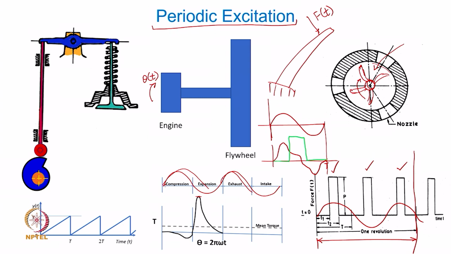The only difference is all of them have the same time period, please make a note. So, the point is that these excitation functions do repeat after exactly the same period of time. So, they are in a way periodic. They may not be harmonic, but they are periodic because there is a definite period of repetition of these excitation force.